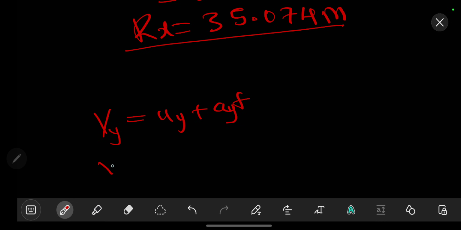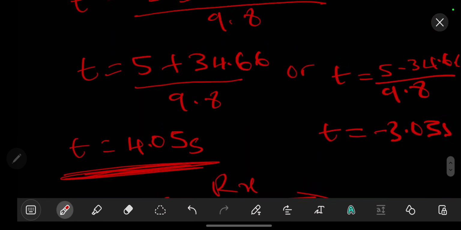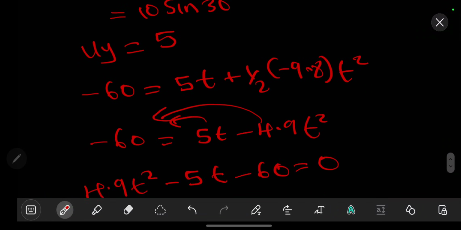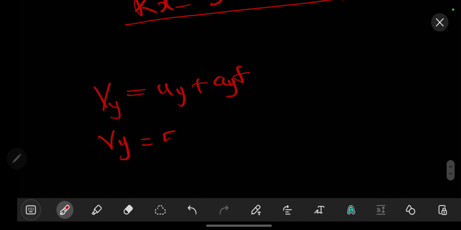So our Vy should be equal to the initial velocity in the y, which we found earlier to be 5. So we put 5 here, then plus our at. Regardless of whether it is going down, since gravity was opposing the initial motion, the acceleration shall be negative with respect to the origin.